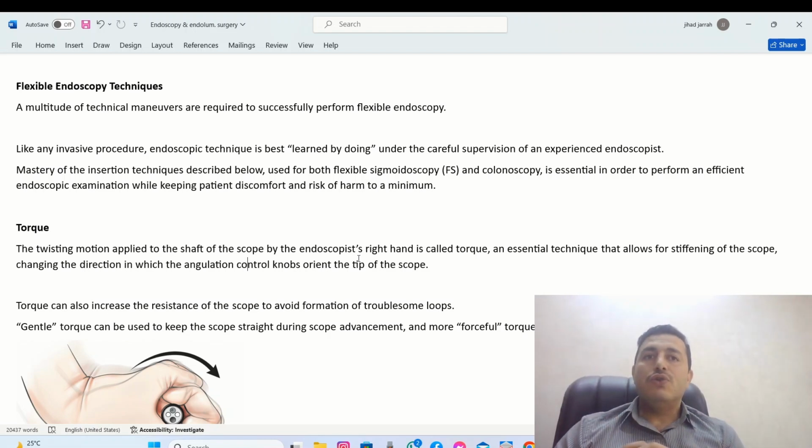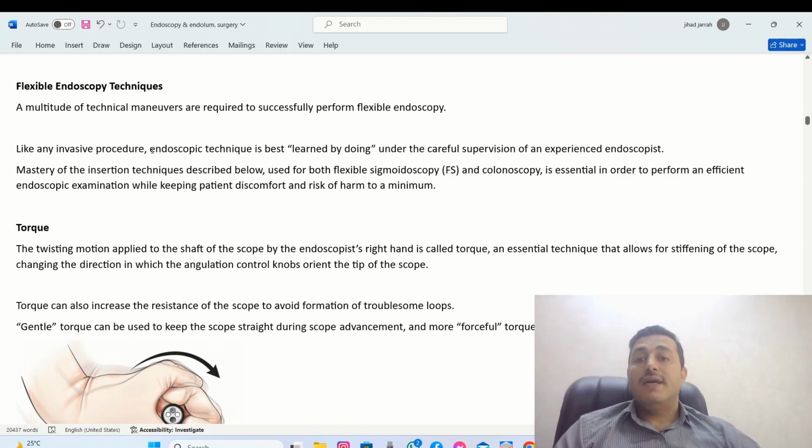flexible endoscopy is a procedure that you gain experience by doing, not by books. But of course, there are certain theoretical tricks that you have to know before proceeding to clinical practice.